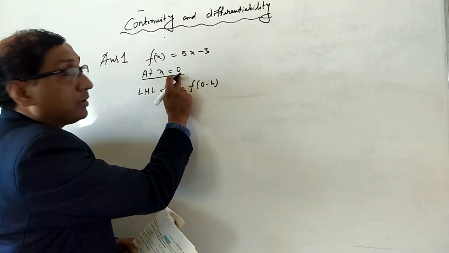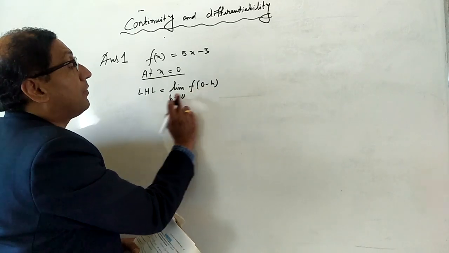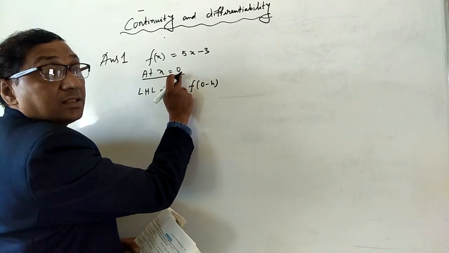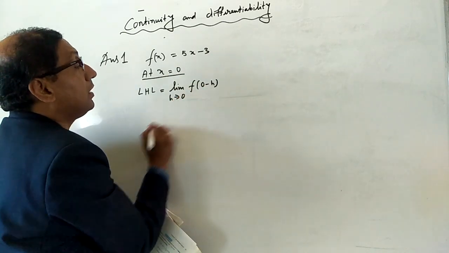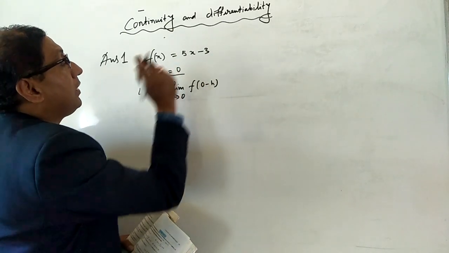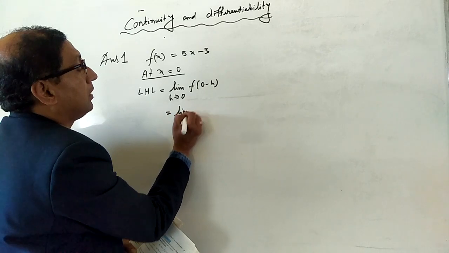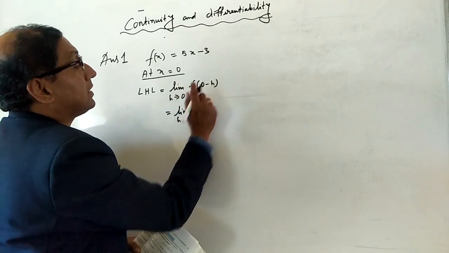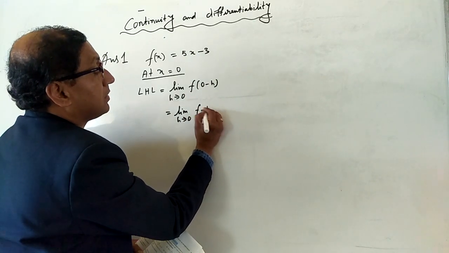If you are checking at point 0, then you write 0 here, because the formula was limit h tends to 0, f(c minus h). Here the value of c is 0, right? f(0 minus h) means f(minus h).